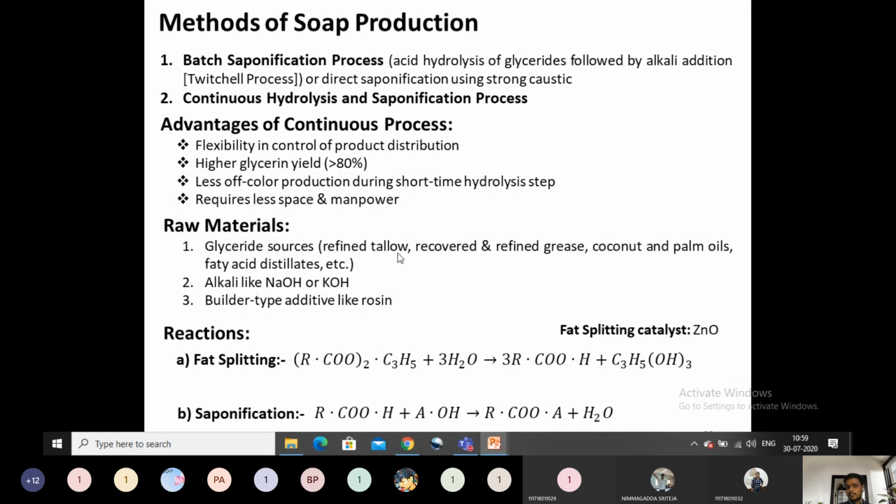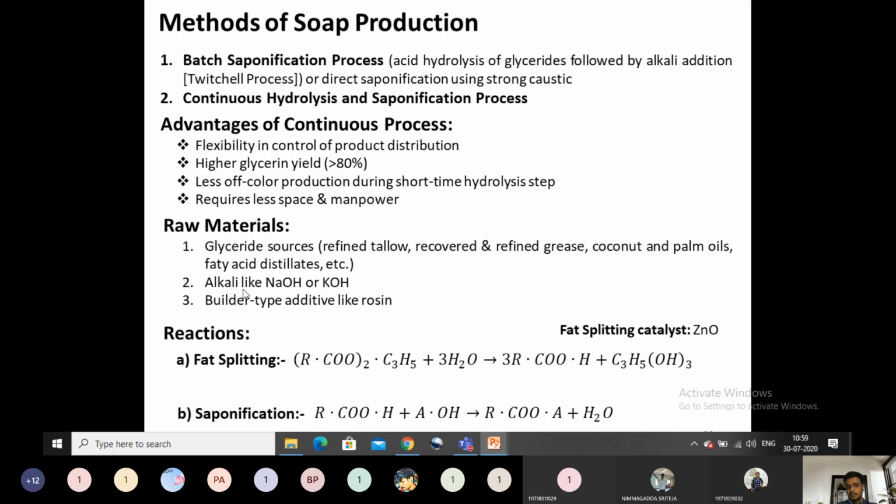We can supply refined tallow, or recovered or refined grease as a triglyceride source, or coconut and palm oil, or we can use palm fatty acid distillate directly for the saponification process. These four to five types are the triglyceride sources.